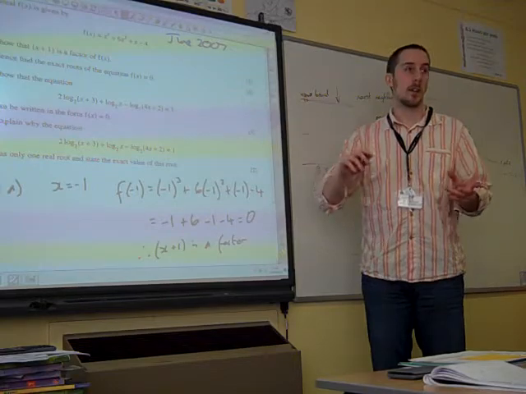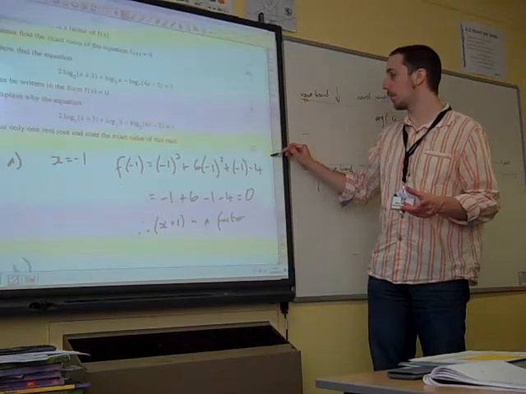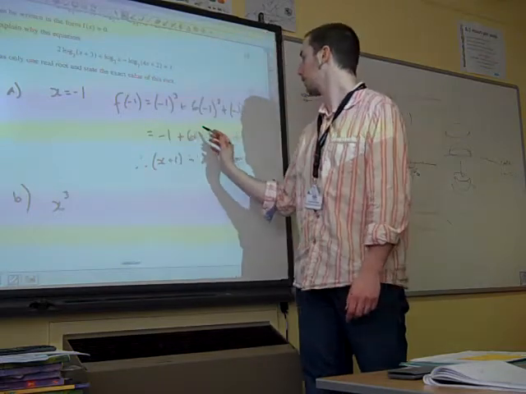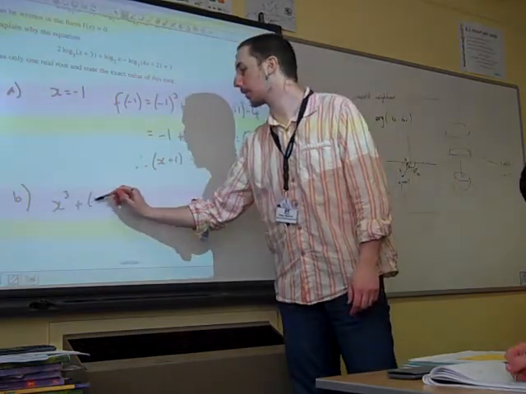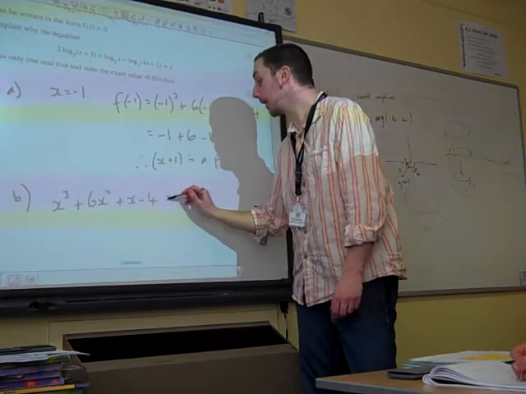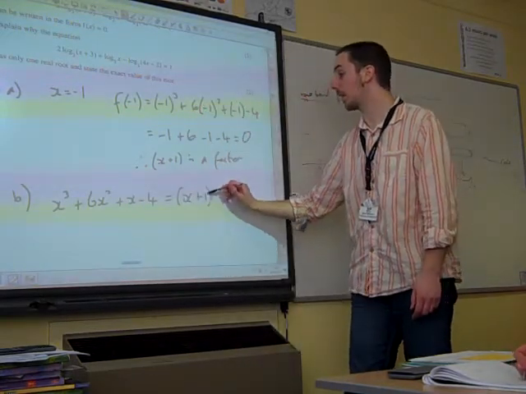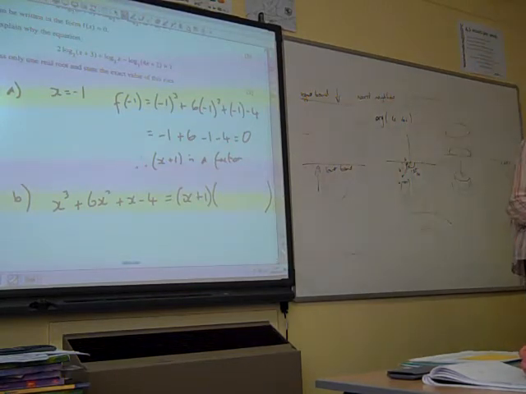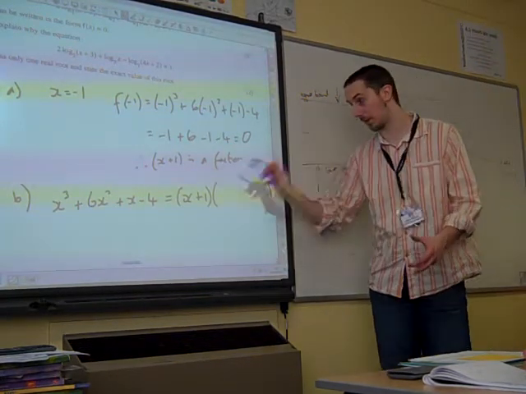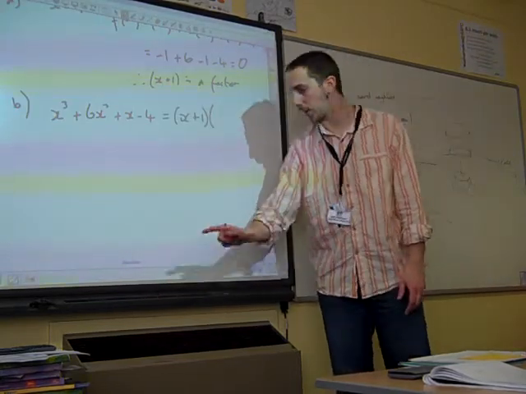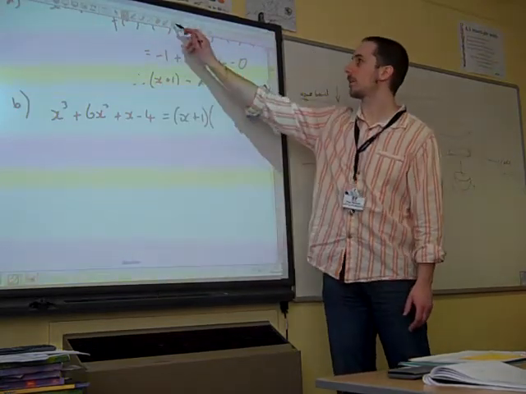We know that one of the factors is x plus 1, so actually we could think it through the other way. We know that x cubed plus 6x squared plus x minus 4 is x plus 1 times something. Now long division would tell us what is something, or we could just think it through.